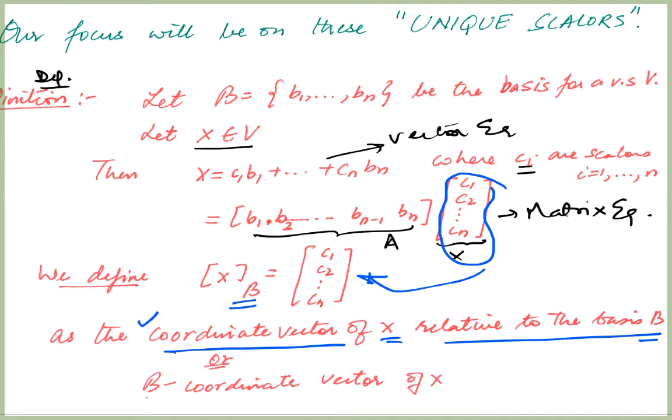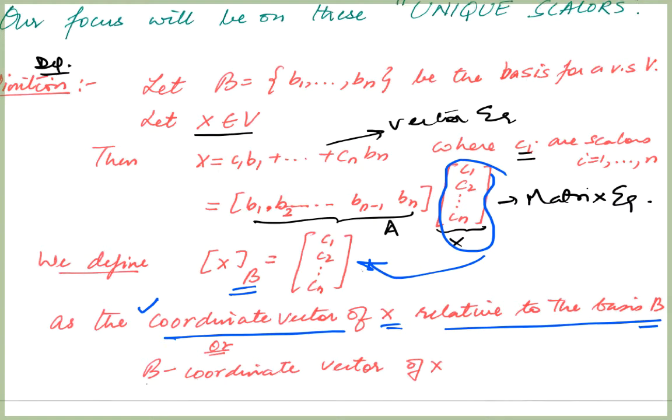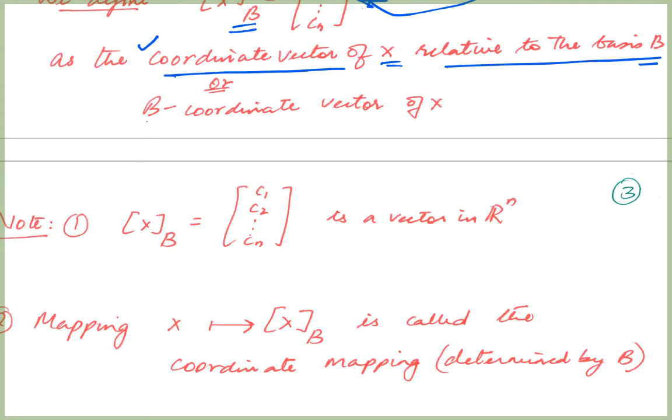Okay, now let's look at some observations here. The coordinate vector of x relative to a basis B is a vector in Rn. Remember, how many elements did my basis B have? n elements. That means it will have n scalars for the vector x.